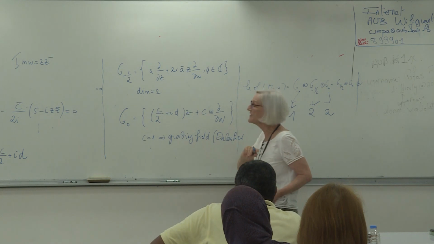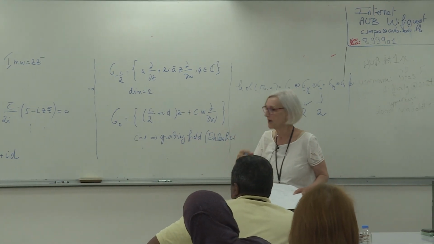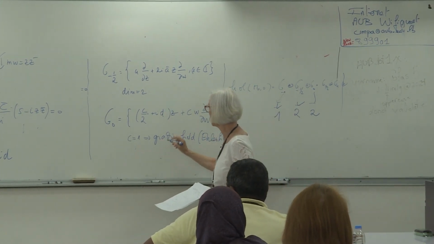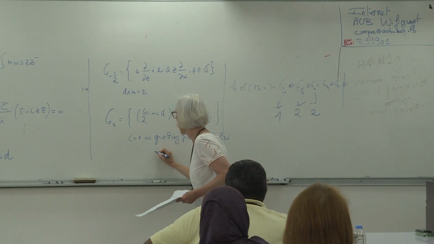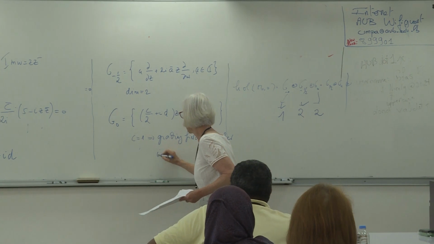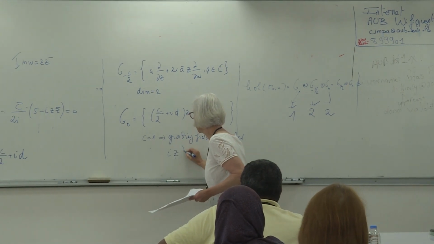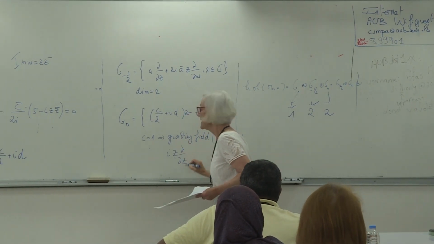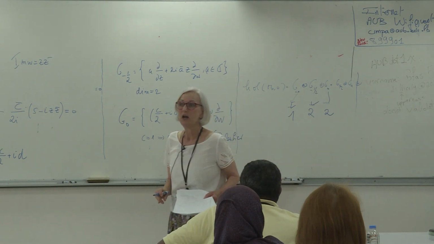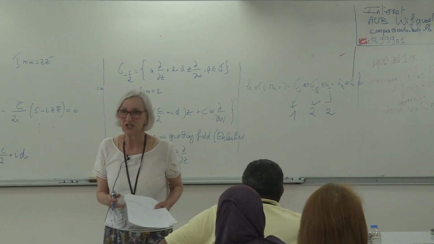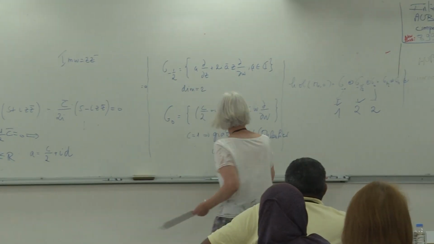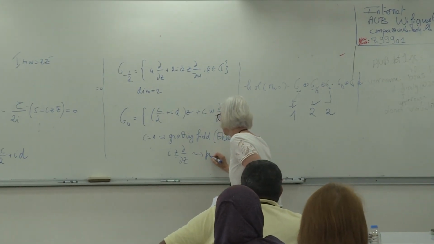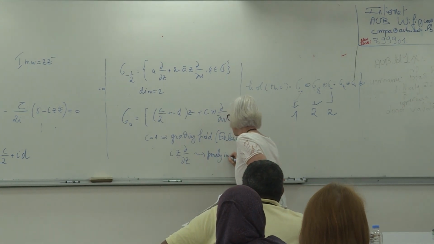And now, if C is equal to 0, you get i, with D equal to 1, i Z ∂/∂Z. And this is called a purely imaginary rotation.